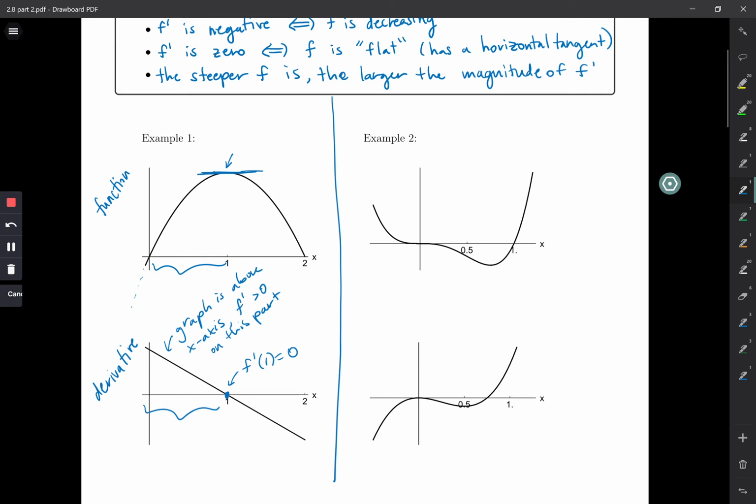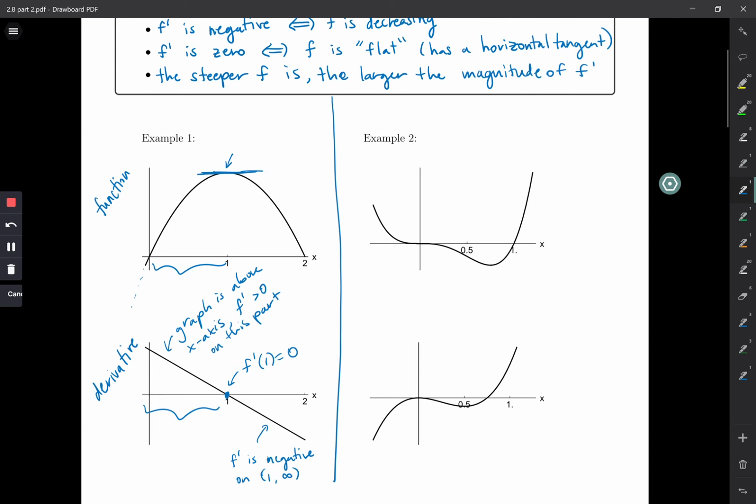And then on the other hand, if we look at the interval from 1 to 2, let's say, the function is decreasing on that part, and then we also see on the graph of our derivative that this is beneath the x-axis, meaning that f prime is negative on, we'll assume that this function is defined on the whole real line, and so it's negative for all values greater than 1, right?